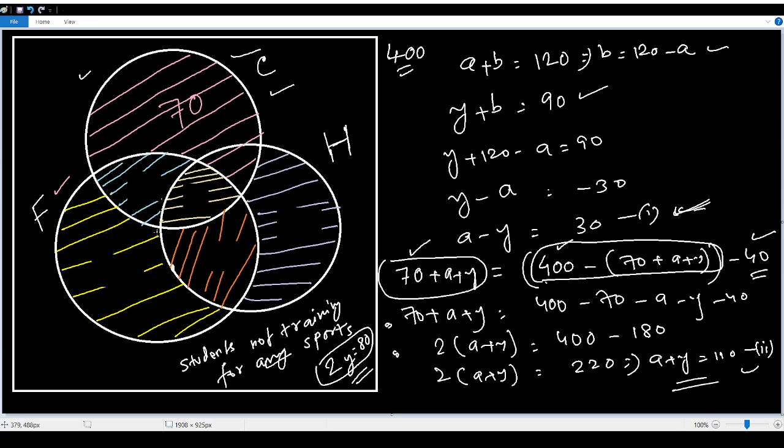A is 70, Y is 40, B is 50, X is 30, 2x is 60. We got all the values, everything we have. Now let us start solving the questions.